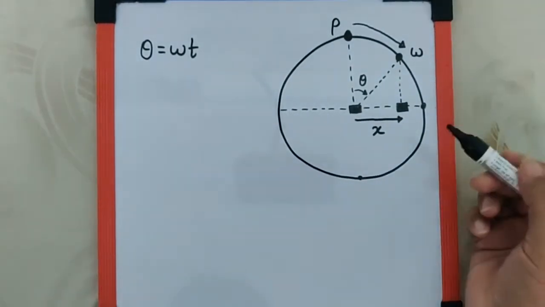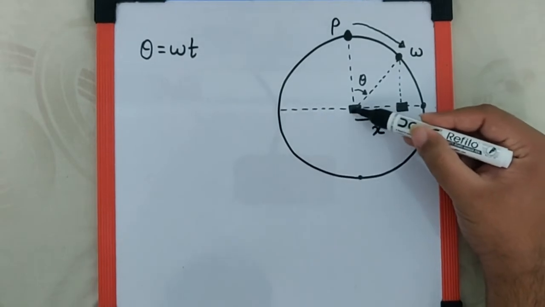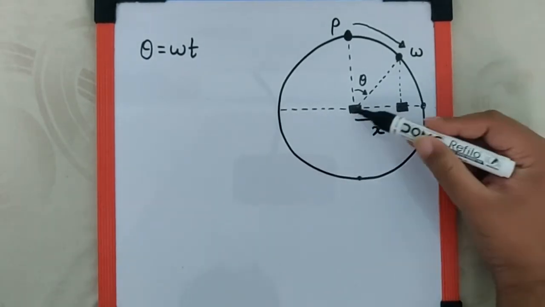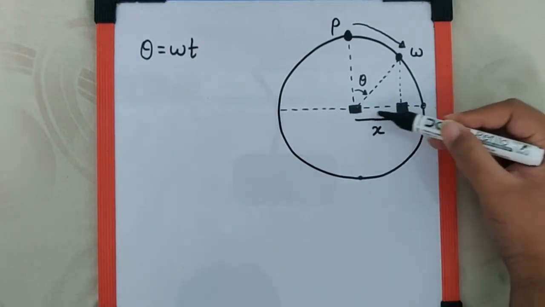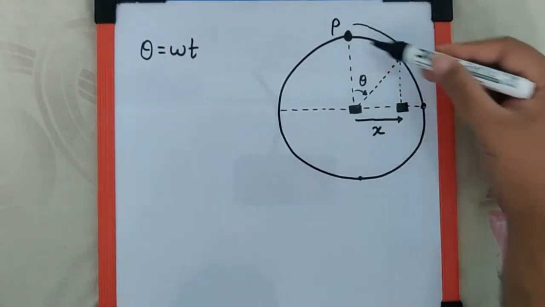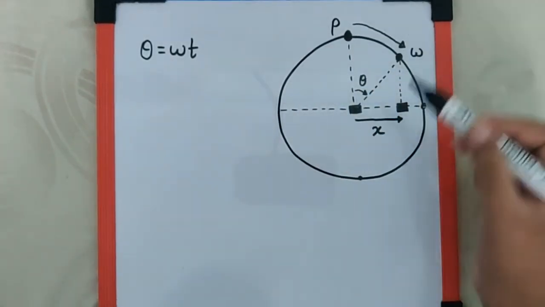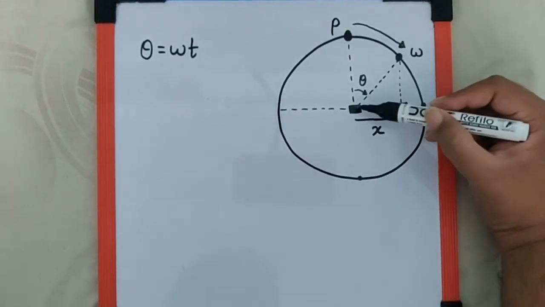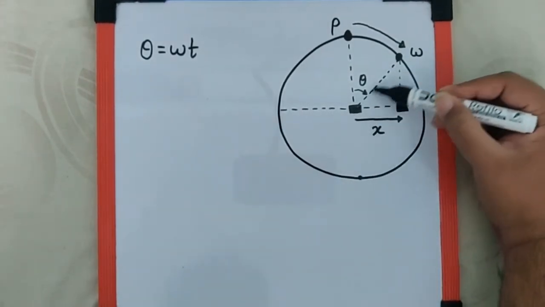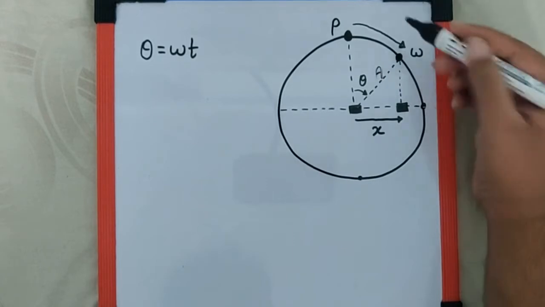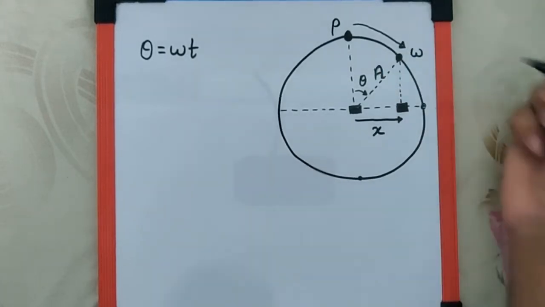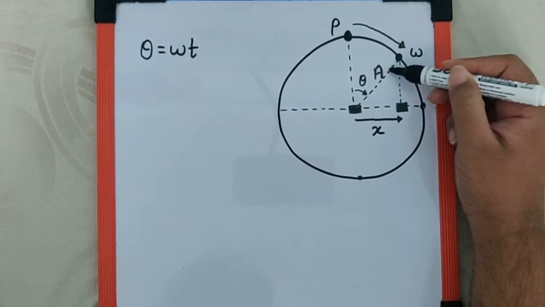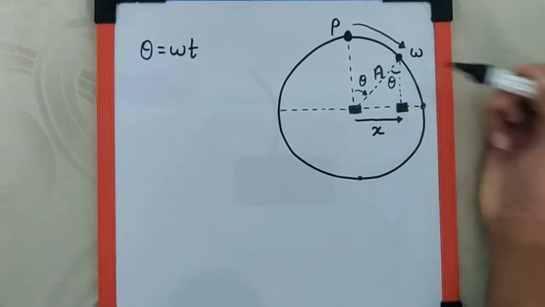Now the shadow will reach the extreme, and that extreme is nothing but the radius of the circle for the particle performing UCM, and that radius can be called the amplitude, which means this line what you can see is also the amplitude A. Now if this angle is theta, by alternate angle even this is theta.